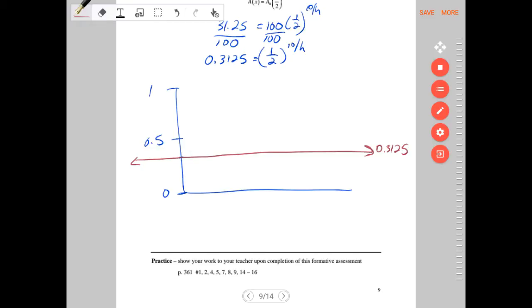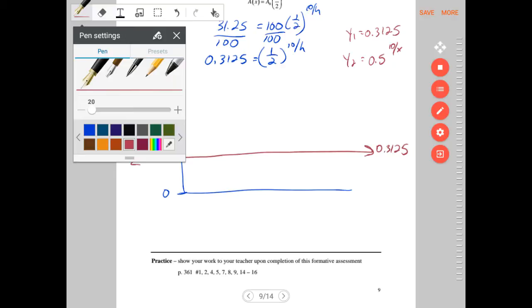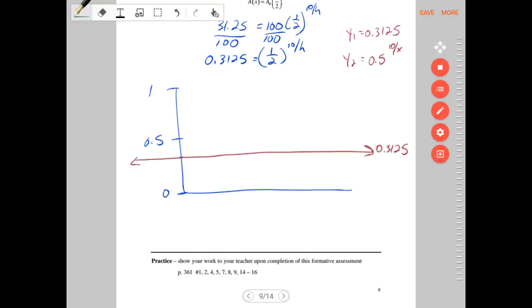And I'm also going to graph 1/2 to the power of 10 divided by x in y2. So y1 should equal 0.3125 and y2 is equal to 0.5 to the power of 10 divided by x. And again, we're looking for the x value of where our two graphs intersect. So that's going to look something like this.